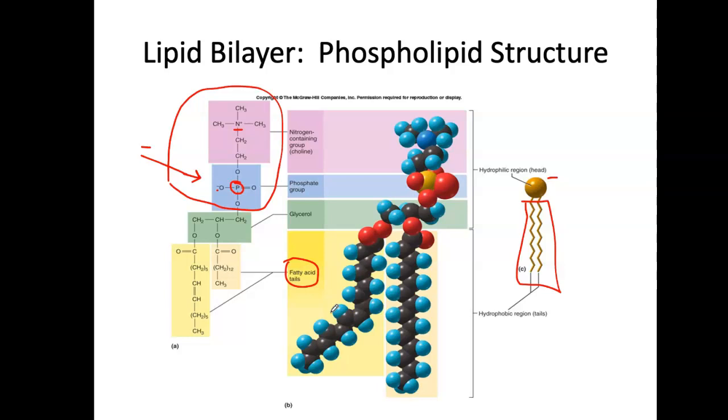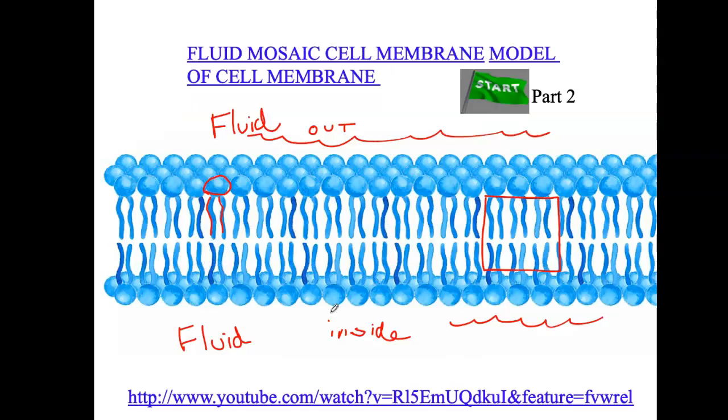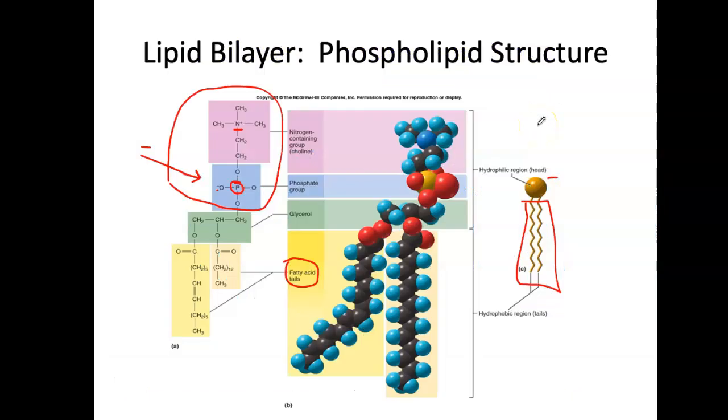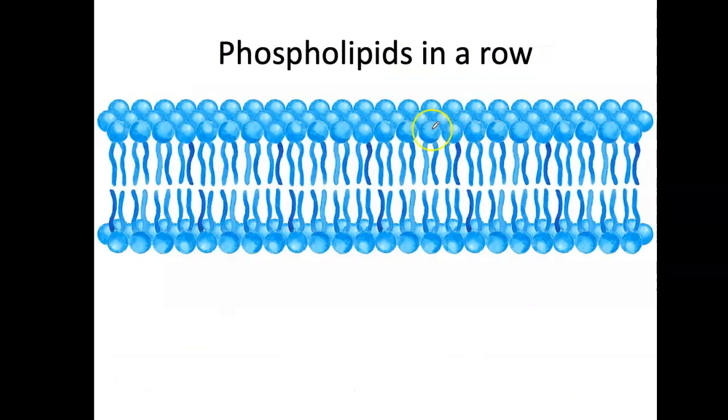So the big deal, I'm going to go back a slide, showing you that this hydrophilic region here is always bathed in water. And the hydrophilic region down here is also bathed in water.